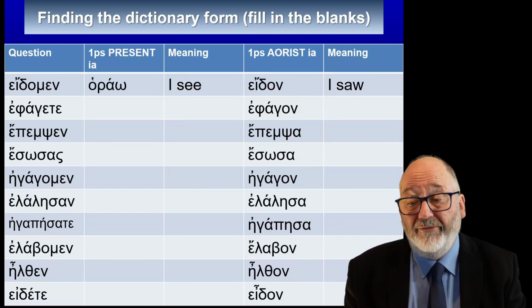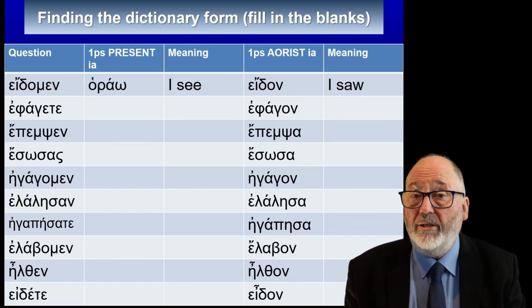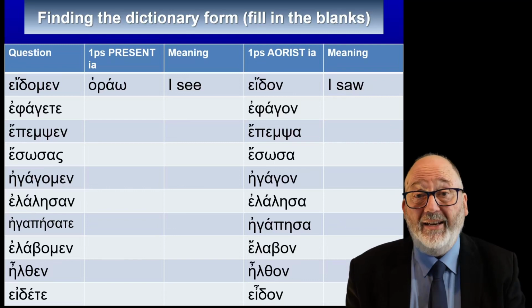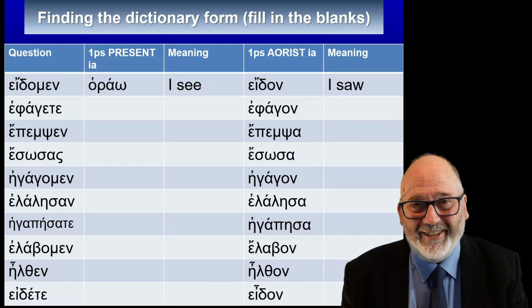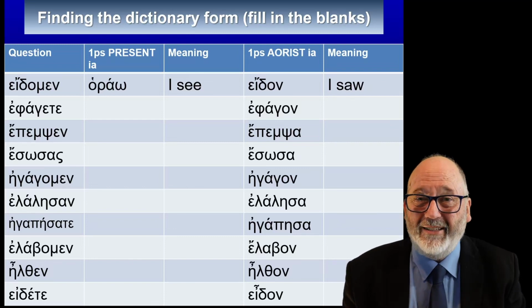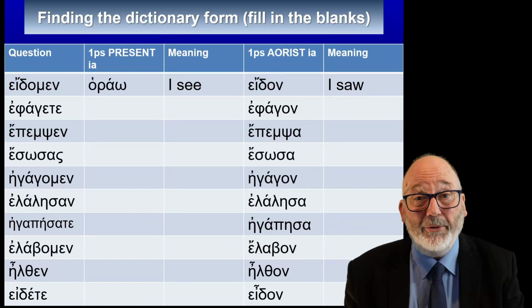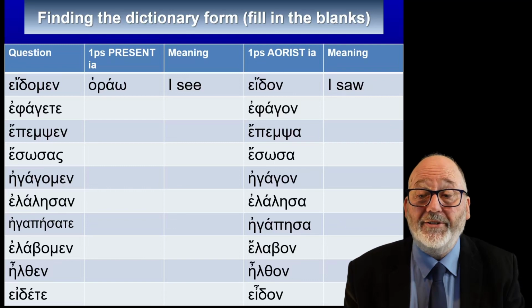So the verb stem has changed between the present and the aorist. Now that is the dead giveaway for recognizing a strong aorist. The trouble is, you actually have to know it, don't you? So again, we come back to the fact that if you're trying to understand the aorist tenses, even the weak aorist tenses, the first step is to memorize well the aorist forms of the strong aorists.